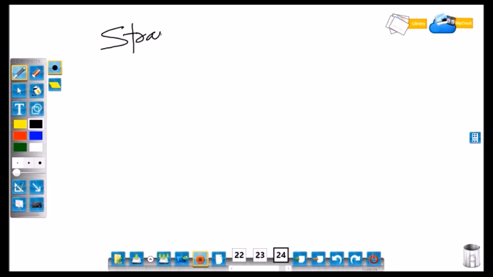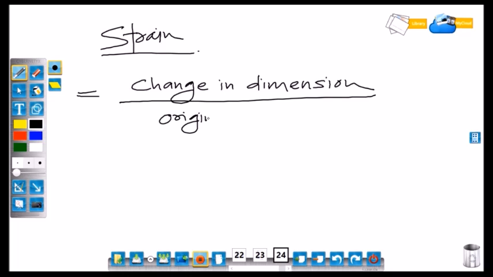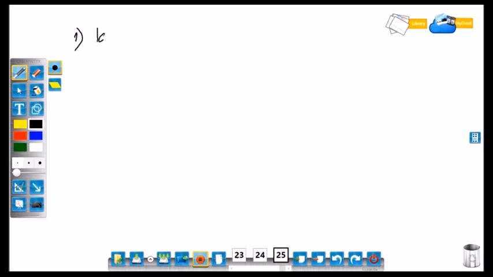Now we are going to see strain. Strain is the ratio of change in dimension of the body to the original dimension. So there are different types of strain. The first one is longitudinal or linear strain.